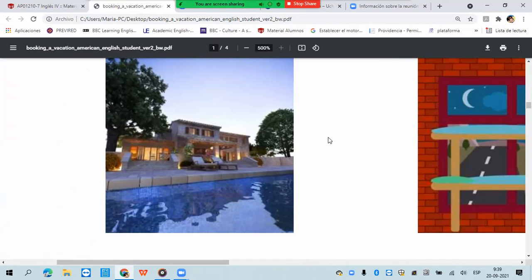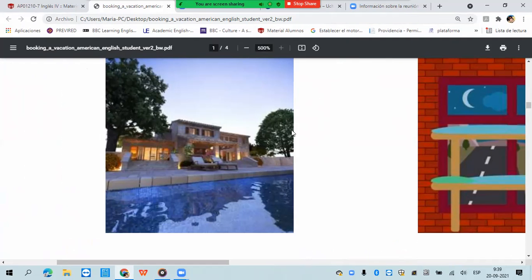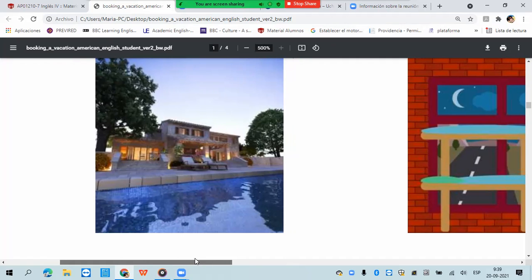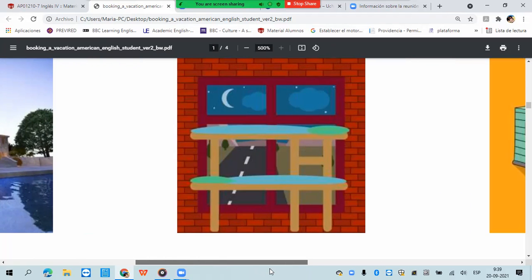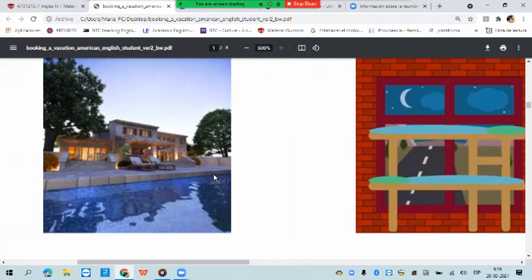Any idea? No idea? Number 6? A villa. Okay, Catalina, this is a villa. Can you describe what a villa is in English?